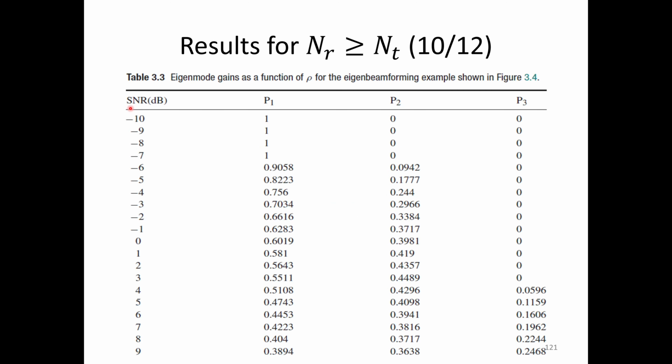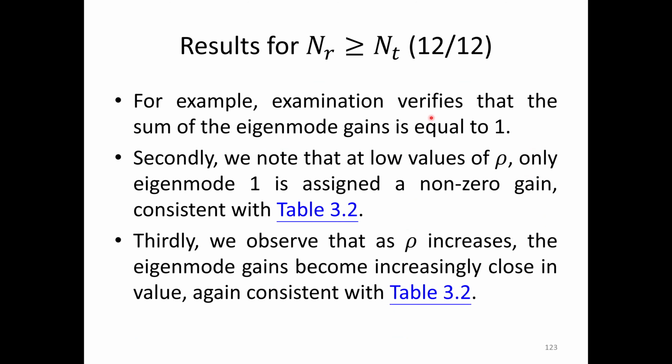We can see that for SNR equal to negative 10 to negative 7 dB, only P1 is assigned a non-zero value, which is equal to 1. And P2 is equal to 0, and P3 is equal to 0, consistent with table 3.2.